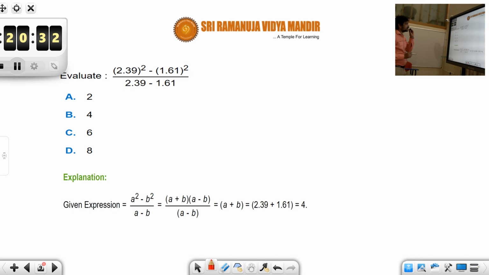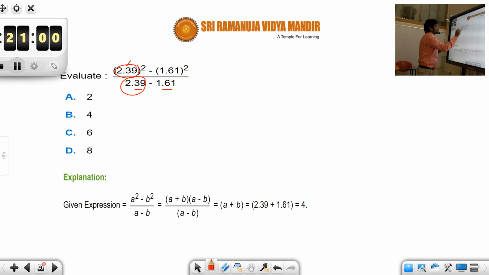2.39 whole square minus 1.61 whole square divided upon 2.39 minus 1.61. Okay, students, the main thing to be identified is that in the numerator there is the number 2.39 and in the denominator as well. And again in the numerator you can find 1.61, and in the denominator also the same number 1.61.